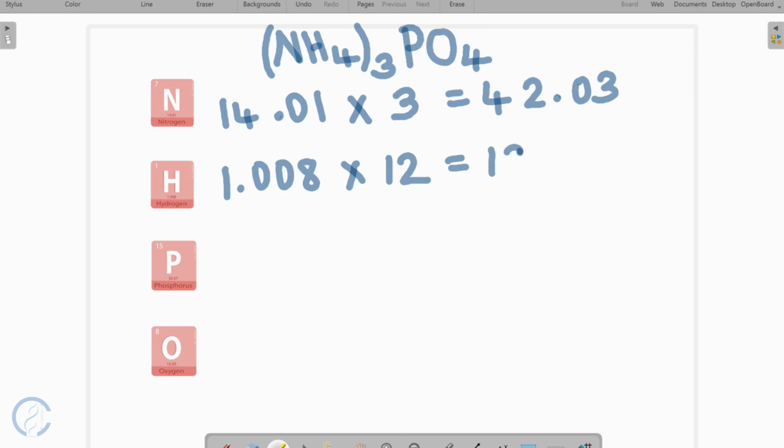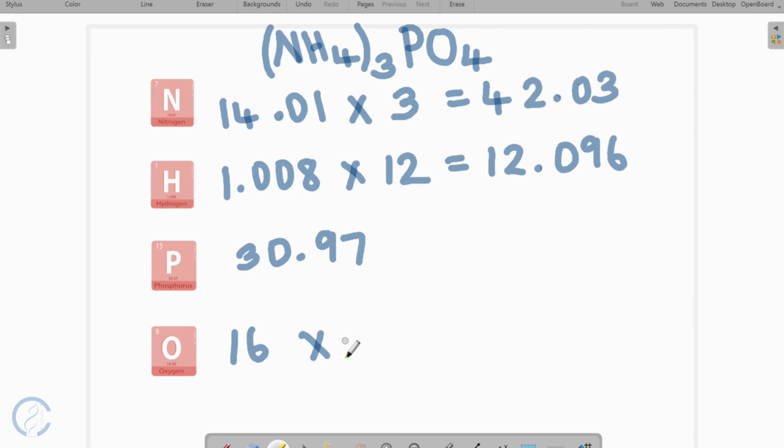That gives 12.096. The relative atomic mass of phosphorus is 30.97, and the relative atomic mass of oxygen is 16. I have 4 atoms of oxygen in the formula, so I multiply this by 4 to get 64.